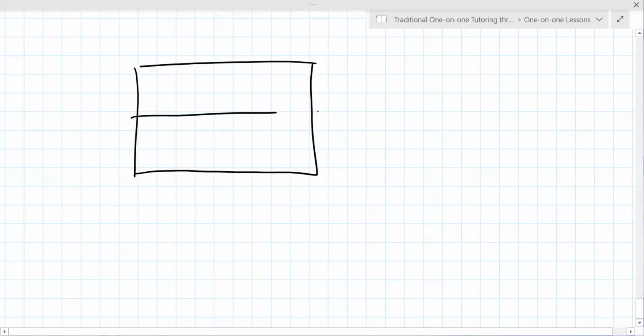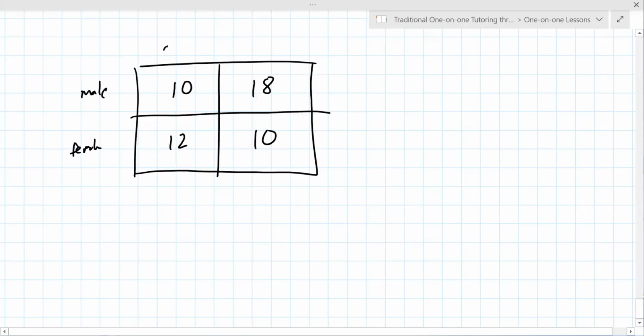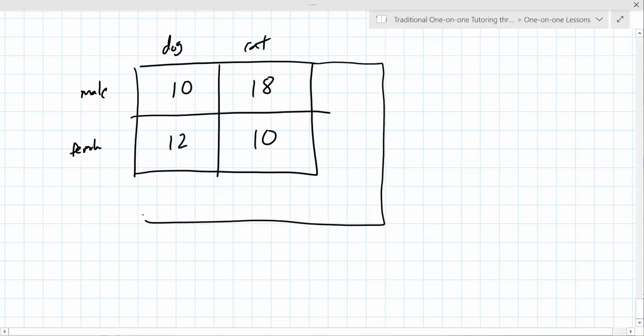Okay, so let's make a little table here, and let's say that 10, 12, 18, and 10, and this one is male, female, dog, cat. So I want you to fill in the totals for me, or you can verbally tell me in each position what the totals should be.